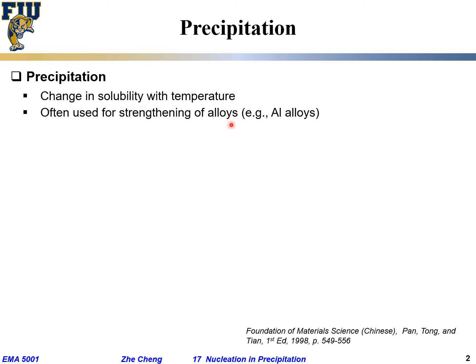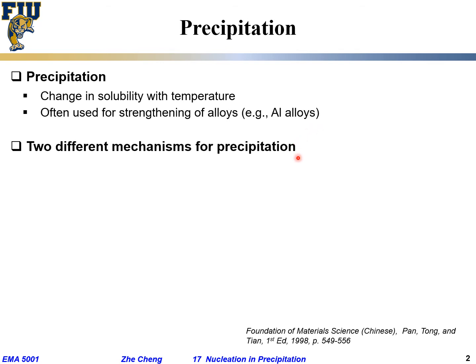And this precipitation phenomenon is quite often very useful for strengthening of alloys such as aluminum alloys or titanium alloys. We'll talk about more examples as we proceed.